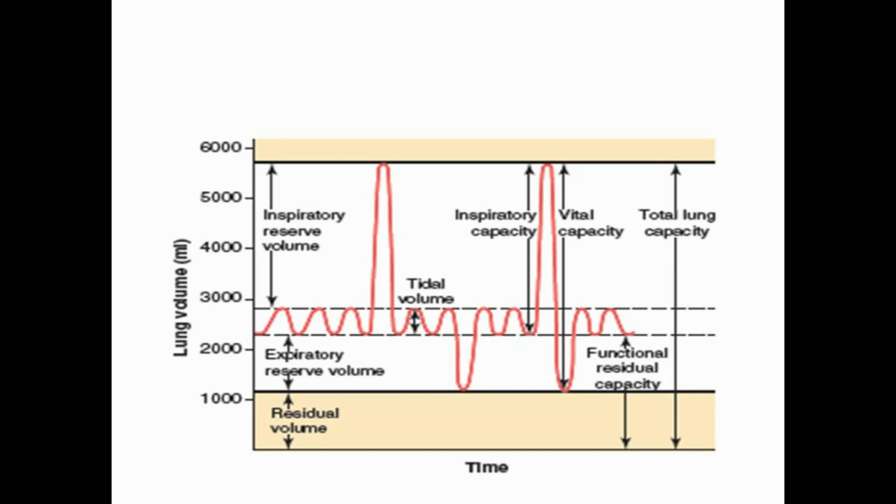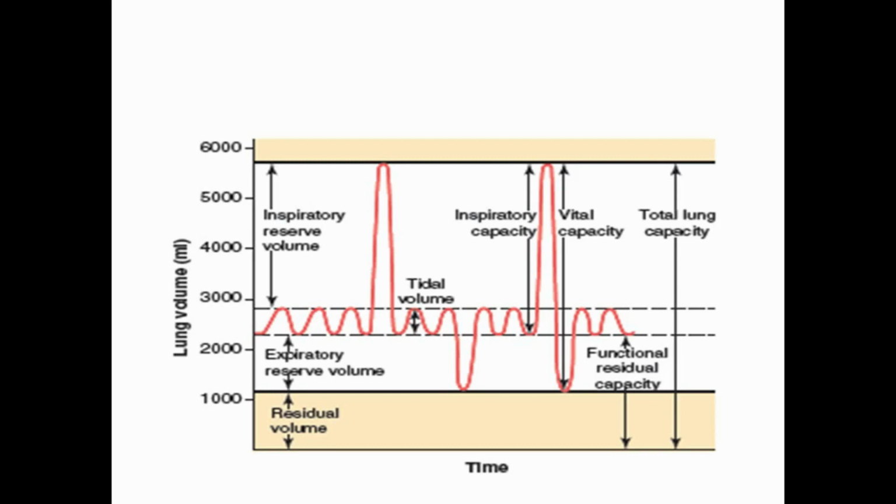Now let's see what these capacities mean. First capacity is the inspiratory capacity of the lung. When you are inhaling air, you are inhaling 500 ml of tidal volume, and with forceful inspiration you are also inhaling 3500 ml of inspiratory reserve volume.